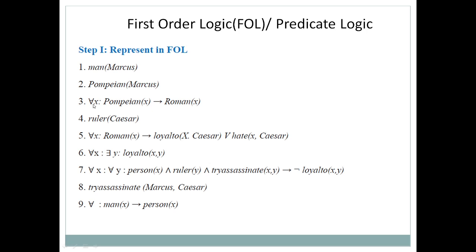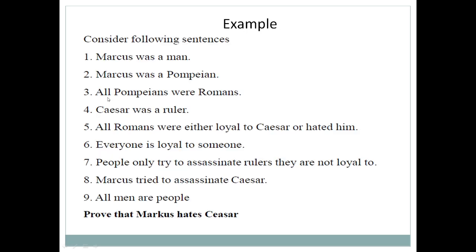Because in this case it talks about all, and we know that the universal quantifier makes use of the implication sign. How to read this? For all x, if x is a Pompeian, then x is a Roman. So this is the predicate logic for the statement, all Pompeians were Romans.